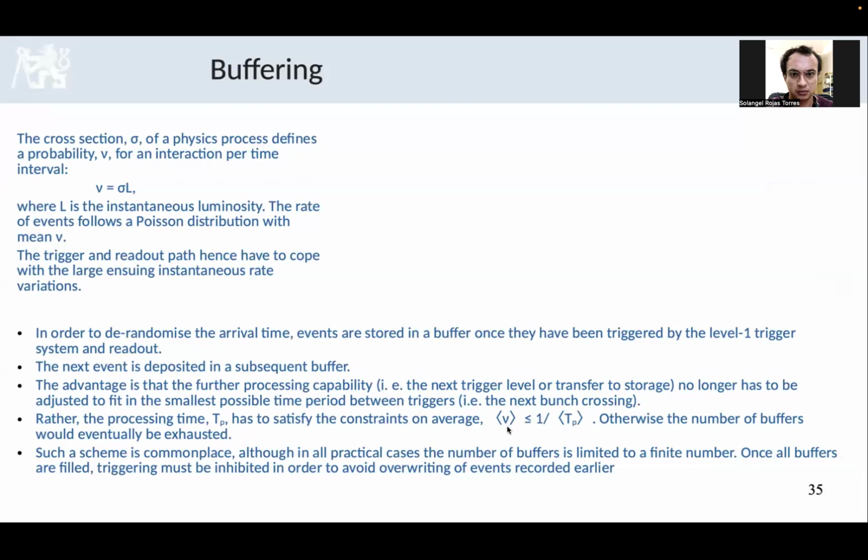It's because you have a limited number of buffers, so you cannot have the frequency so high that you run out of buffers, because then you have to stop the measurement. Okay, and the average frequency that you can run is smaller than one over the average processing time of your system.